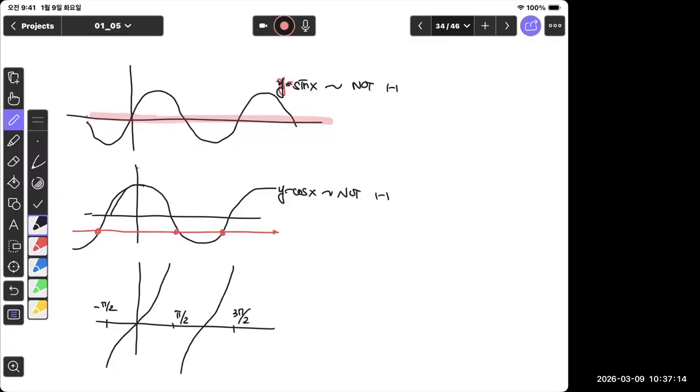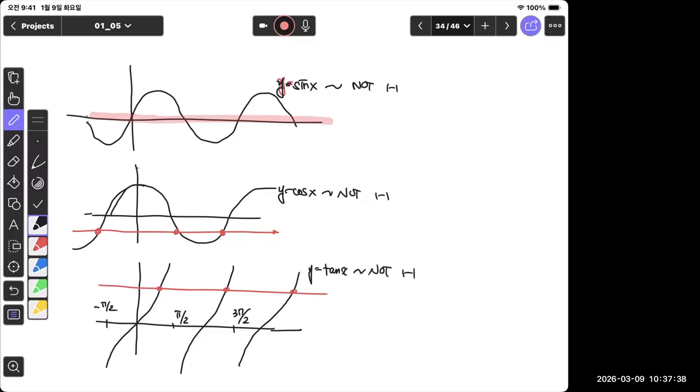And then it is repeated over and over, right? So if I draw some horizontal line, then this horizontal line intersects the graph of the tangent at many points as well. So this graph of the tangent function is not one-to-one.